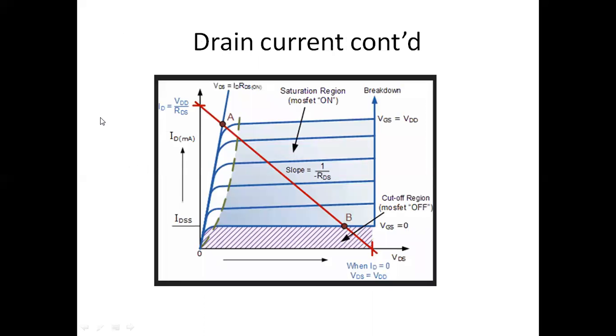So if you plot the curve for IDS versus VDS at constant VGS, you get these multiple curves, and you can see whenever VDS value is smaller than VGS minus VT, you get this non-saturated region, and when VGS minus VT is lesser than VDS, you get this saturated region, and when there is no current, this is defined by cutoff region.